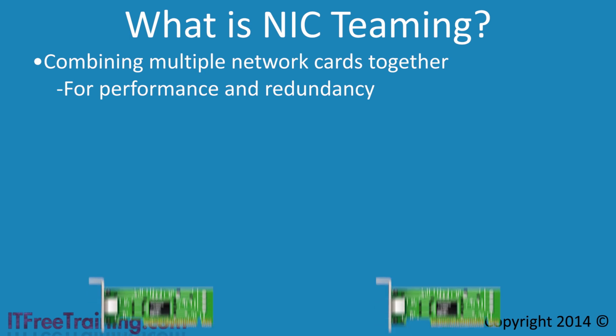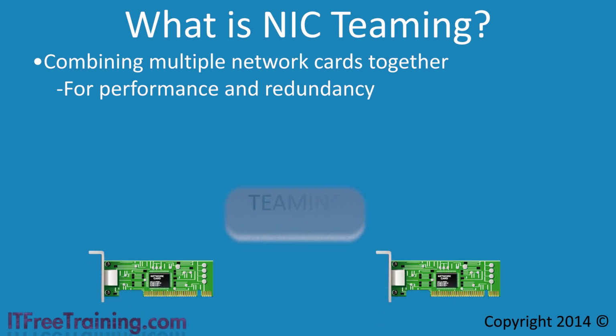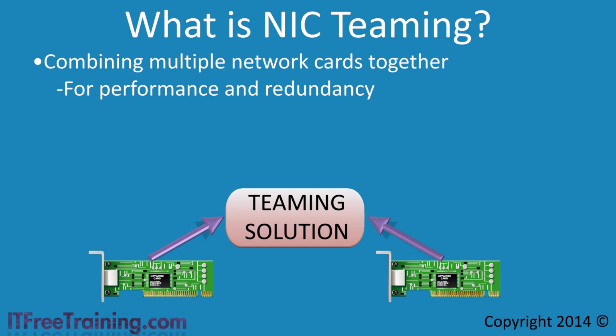That is, multiple physical network cards are combined together using a teaming solution. The teaming solution will then present these multiple network cards to the operating system as the one virtual network adapter. You then would configure this virtual adapter just like a standard physical network card.